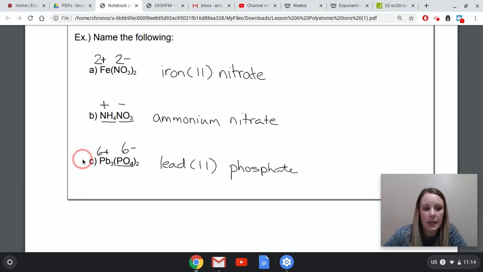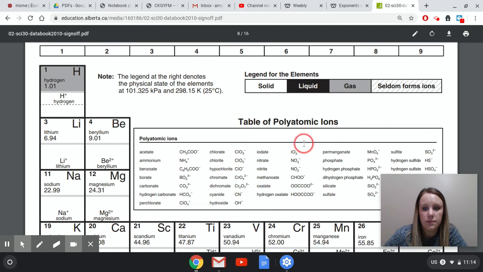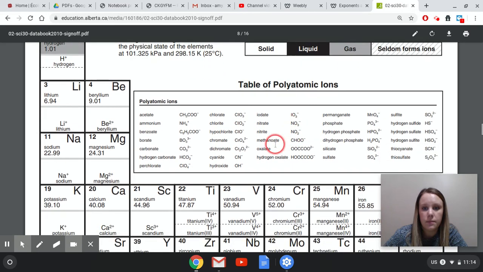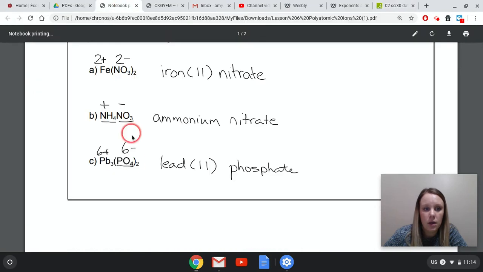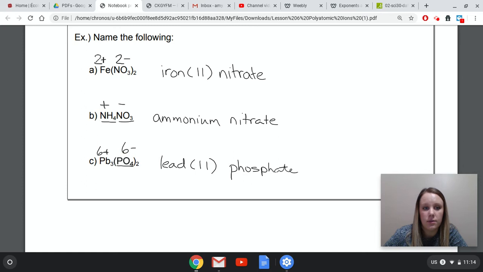Little more complicated. First, I'm going to start by looking at the polyatomic ion PO4 in brackets. This is phosphate right here, PO4, and it has a charge of -3. So now that I know one phosphate ion has a -3 charge, 2 of them would make a total of -6.